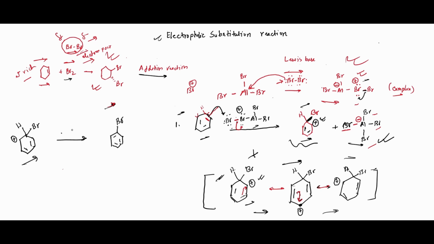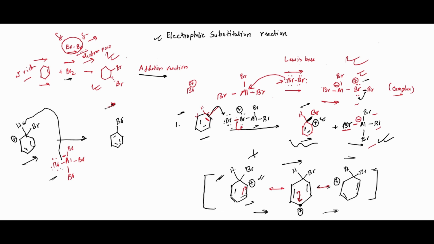We have this aluminum, we have bromine here, we have bromine here, and let's take that this bromine has 6 electrons on it, and we have another bromine here, and it has a negative charge on it. The electrons from this bond will try to pull this hydrogen away, and this bond will break.